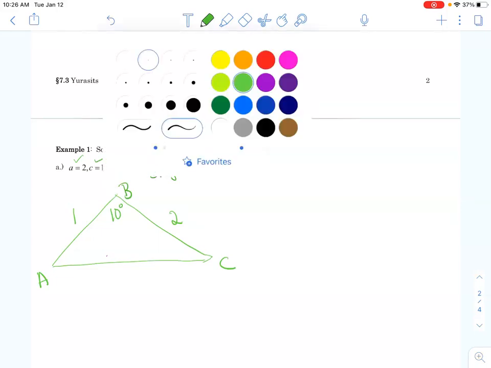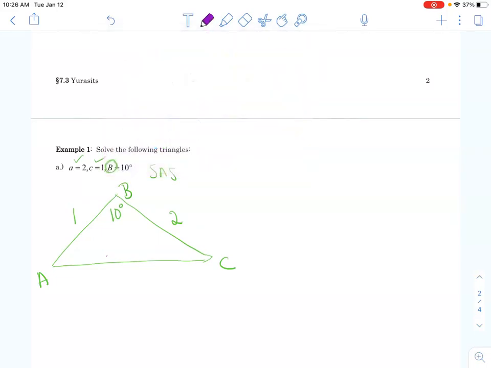So I'm going to set up law of cosines using the formula. Since I'm given B, the angle, I'm going to use the one that says B squared equals A squared plus C squared minus 2AC cosine B. So let's fill in those pieces.